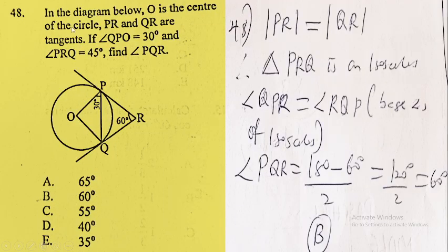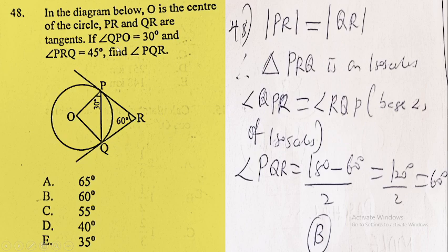Question number 48 is on circle geometry. In the diagram below, O is the center of the circle, PR and QR are tangents. That means this line is a line of tangent, and this line is also a line of tangent.